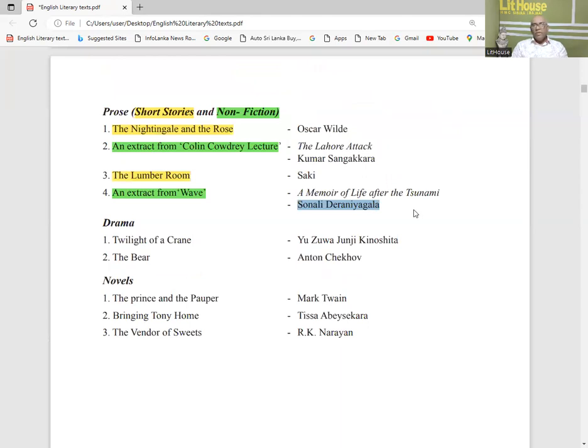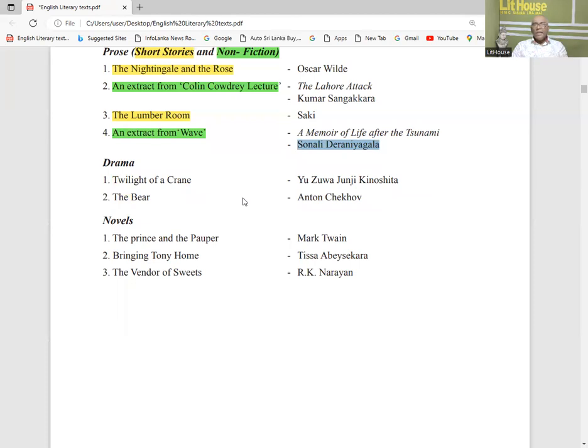Right. Now, under prose, you have to study 2 short stories and 2 non-fictions. What are the 2 short stories? The Nightingale and the Rose, The Lumber Room. What are the 2 non-fictions? An extract from Colin Cowdrey's lecture, an extract from Wave. Right. That is the prose area.